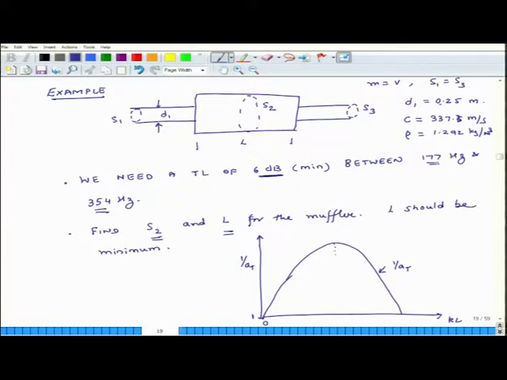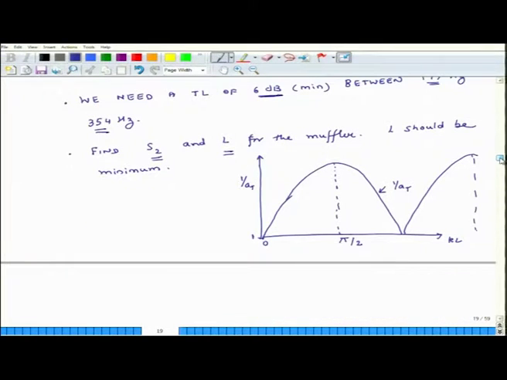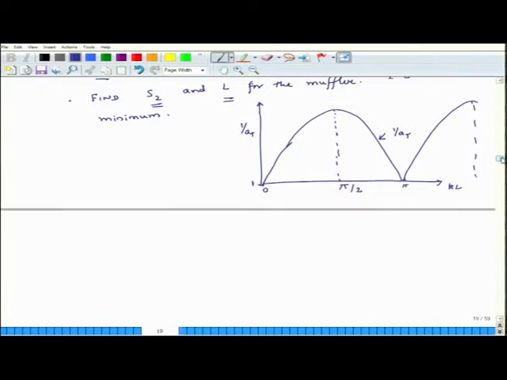This is a maximum when KL equals pi by 2 radians, and it again becomes maximum when KL equals 3 pi by 2 radians, and 5 pi by 2 radians and 7 pi by 2 radians, and so on. And 1 over AT becomes minimum when KL is 0 or pi radians or 2 pi radians or 3 pi radians, and so on. So, this is something important to understand.